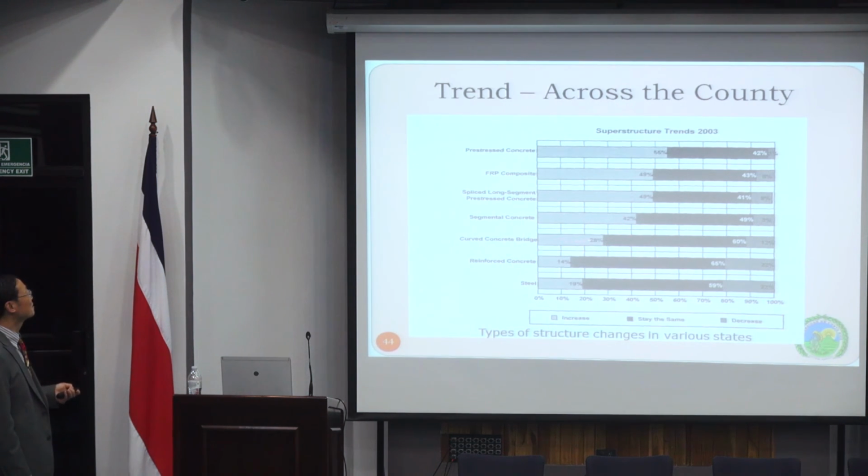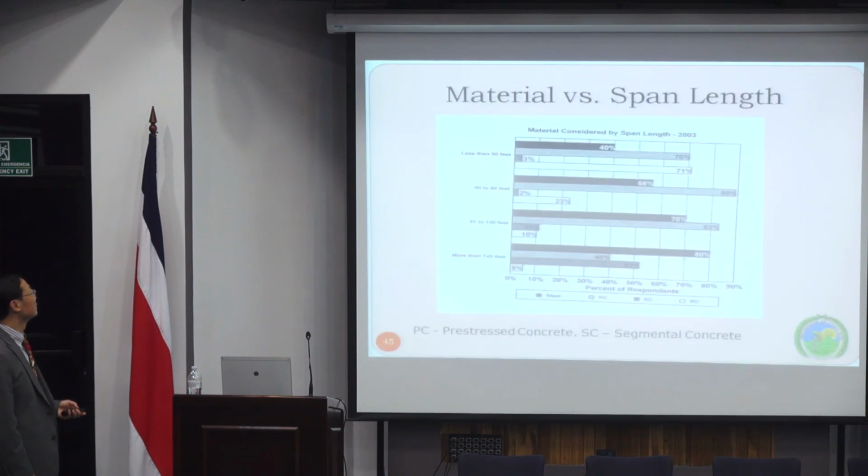Like if you have a curved bridge, then you have different ratios of each material. And if you have very simple ones, you may have different ratios. And so, again, span length plays an important role for the type of material you use.